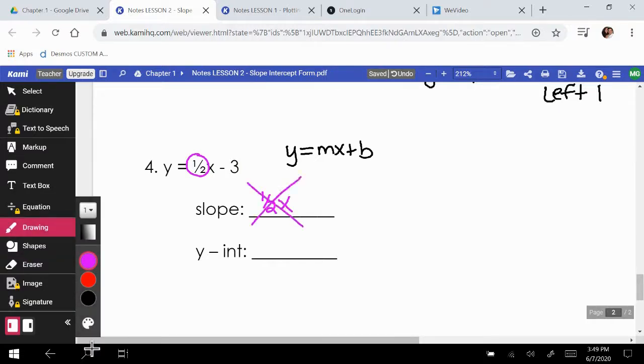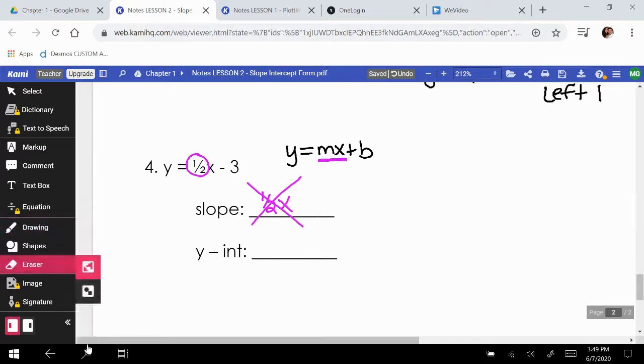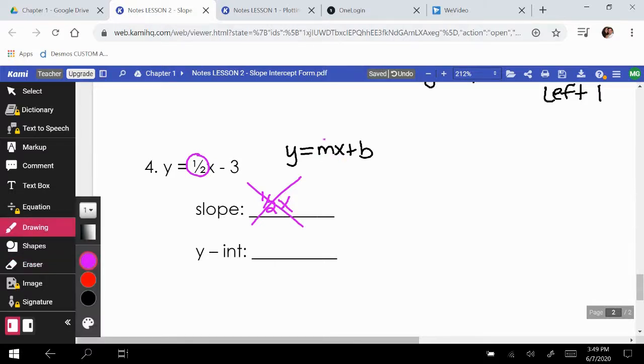That is not right. I do not want this whole thing, mx. The only thing I want when you're identifying slope is just the constant m. So it's only going to be 1/2 that we write here, not 1/2 x. And then the y-intercept is going to be that b value, -3.